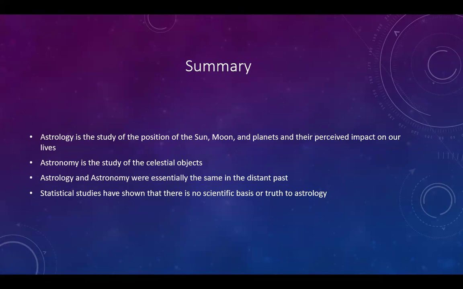The gravitational pull is minute. You probably have a stronger gravitational pull from other people in this room than from other planets. Astronomy is the study of celestial objects. Astrology and astronomy were the same in the distant past, and there's no scientific basis or truth to astrology that's been shown by statistical studies.